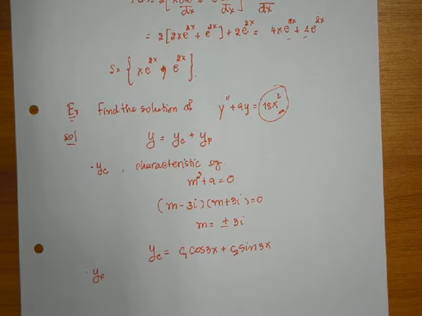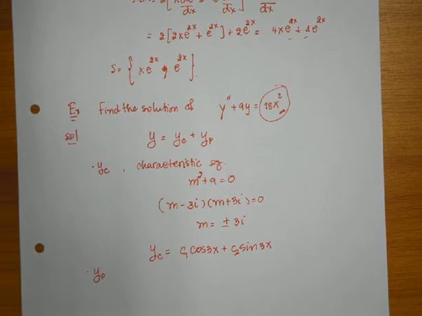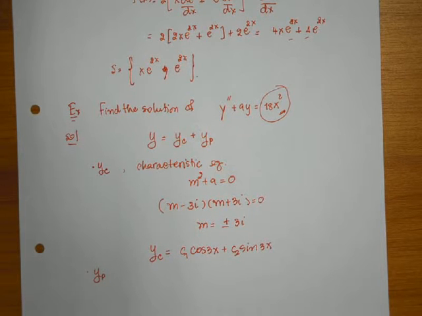So if you look at this f(x), we call it a UC function. Is it a UC function? Yes, it is in case 1. So in that case, we can use this method to find yp.